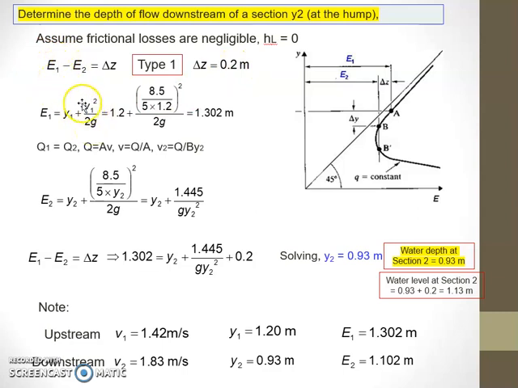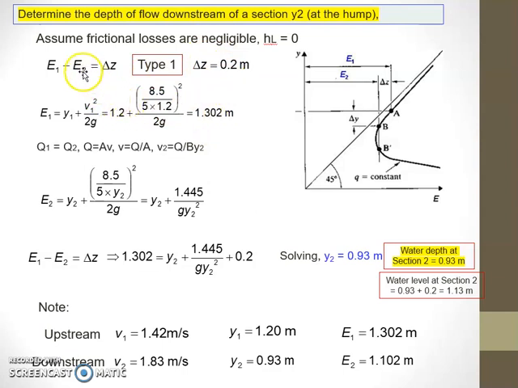You can calculate this value E1 because you are given Q. Q is equal to AV, so you can calculate V1 as Q over B Y1 at location 1. So you get the delta Z value, you get the E1 value.